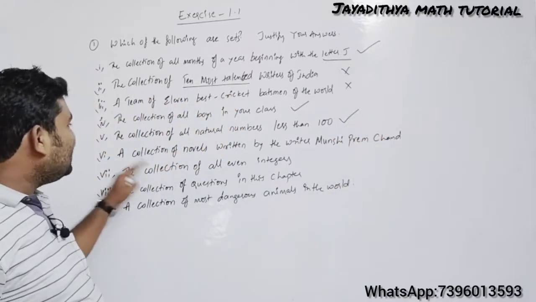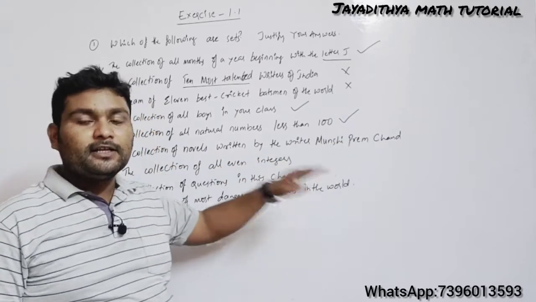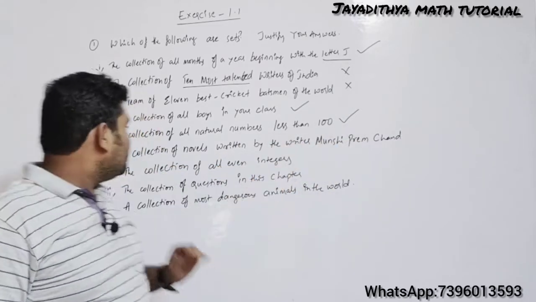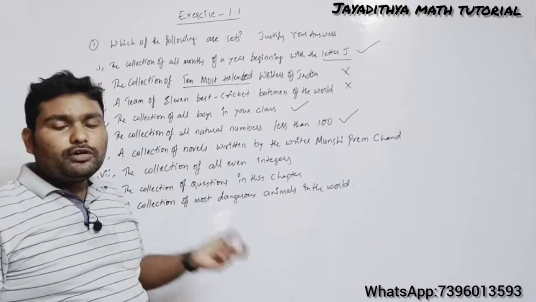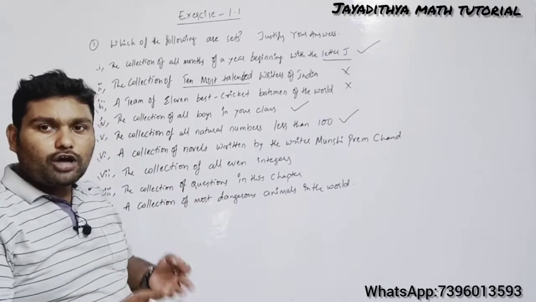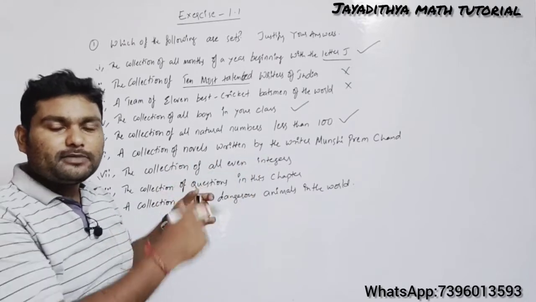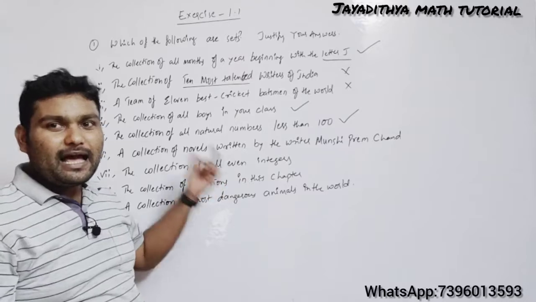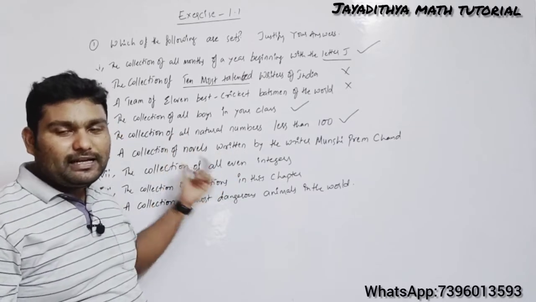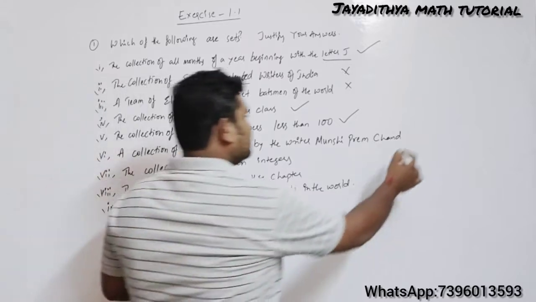The next one, collection of novels written by the writer Munshi Premchand. Here also anyone can identify whether a novel is written by Munshi Premchand or not. For example, if I pick a novel, you can easily say whether it belongs to Premchand or not. So this is a well-defined collection, therefore this is also a set.